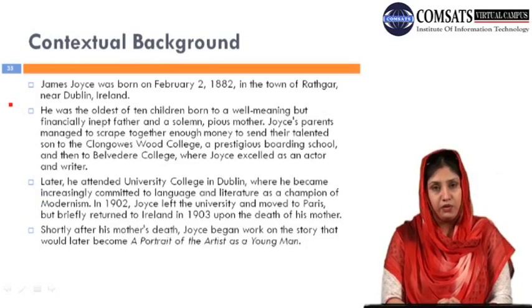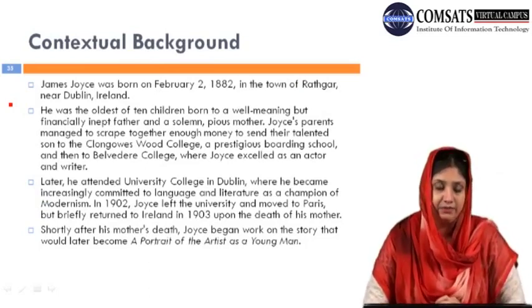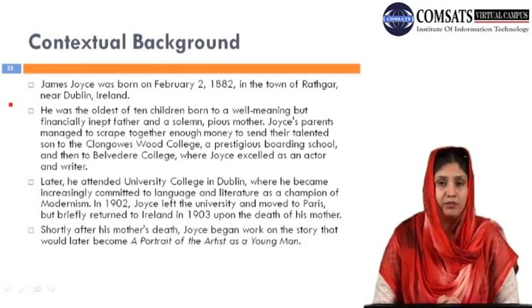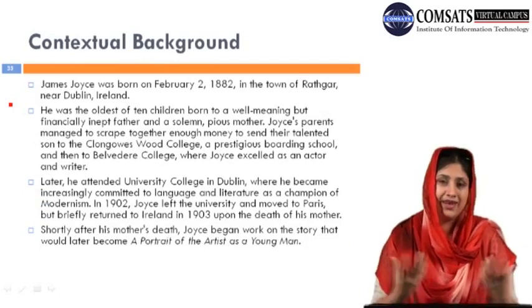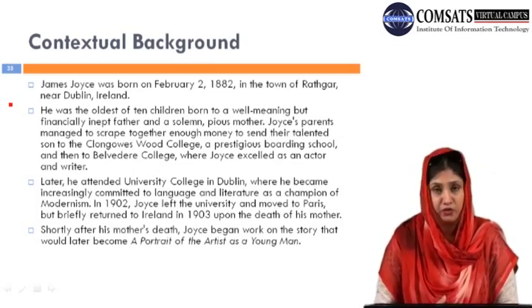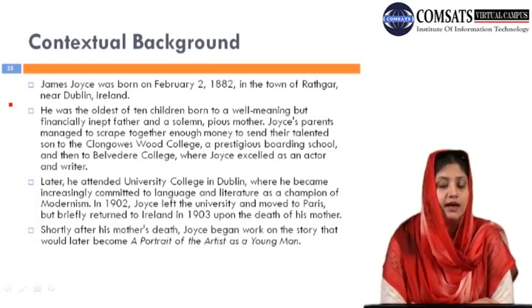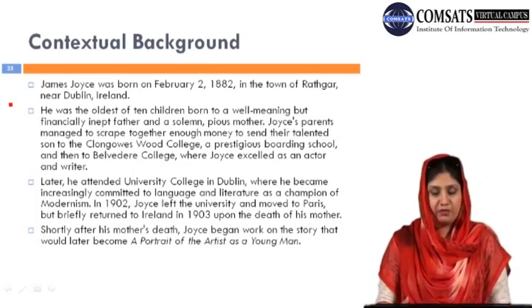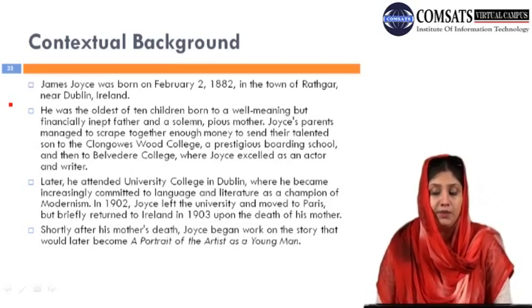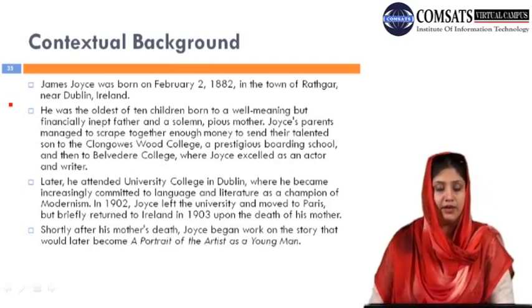So now starting with the novel in detail, and we will start with its contextual background to see how we can create some kind of relevance between the social and contextual backgrounds of the writing. James Joyce was born on February 2 of 1882 in the town of Rathgar near Dublin, Ireland.